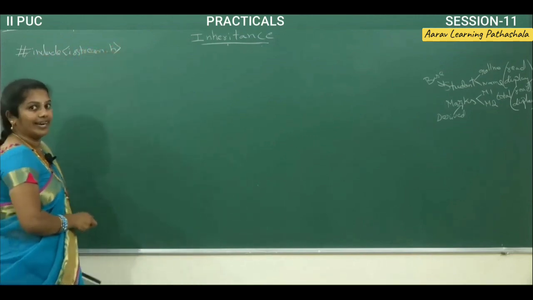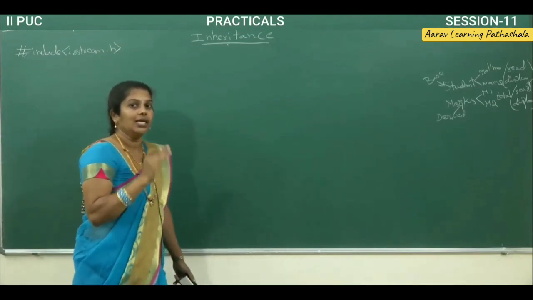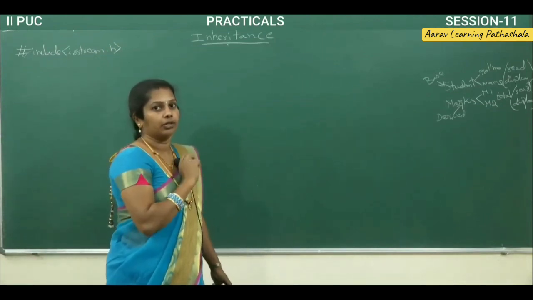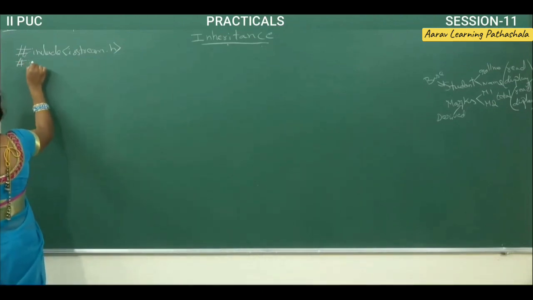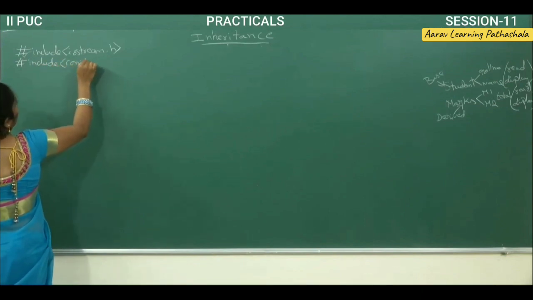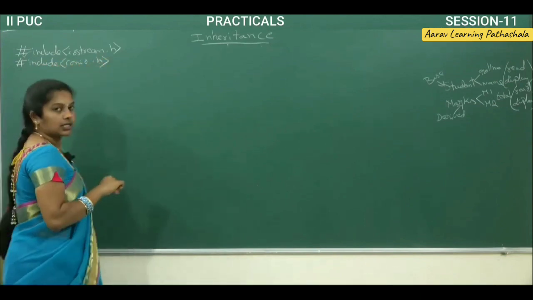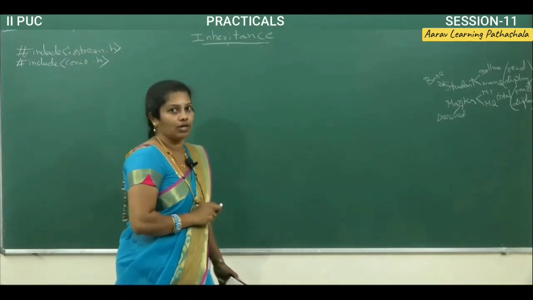This is the supporting header file for cin as well as cout. Then next, include conio.h. This is the supporting header file for clear screen as well as the getch function.